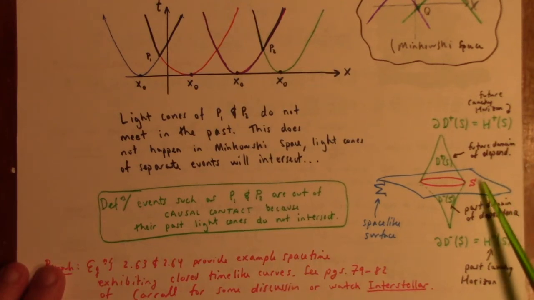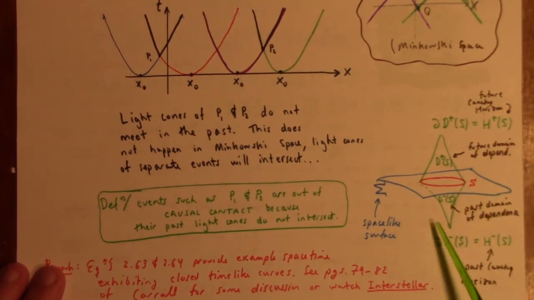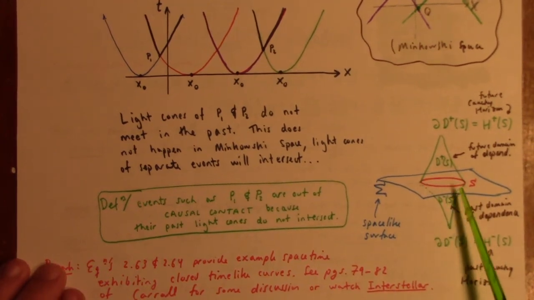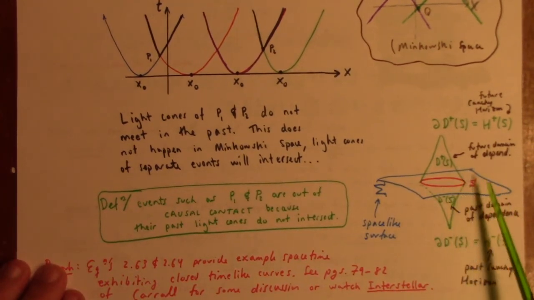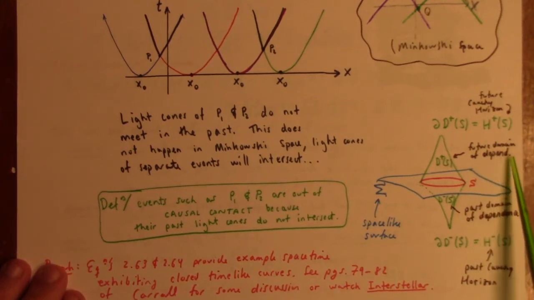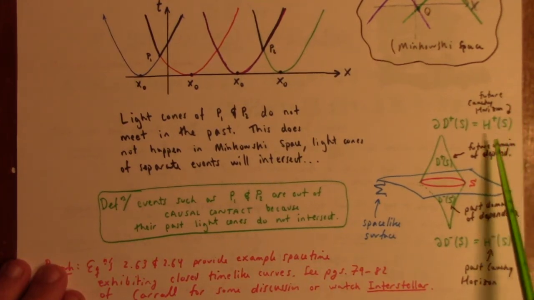Anyway, here's a picture from Carroll. He talks about a space-like surface sigma and then a connected subset of that, S. For such a connected subset, you can talk about the future domain of dependence and the past domain of dependence. The boundary of the past domain of dependence is the past Cauchy horizon, and the boundary of the future domain of dependence is the future Cauchy horizon.